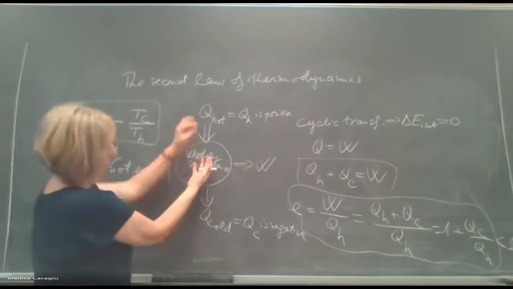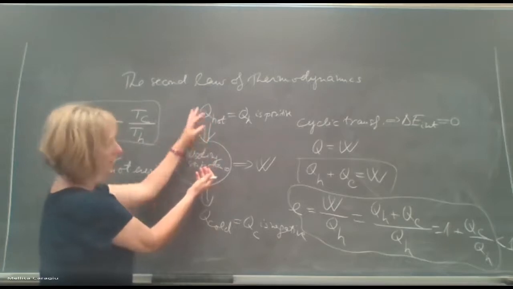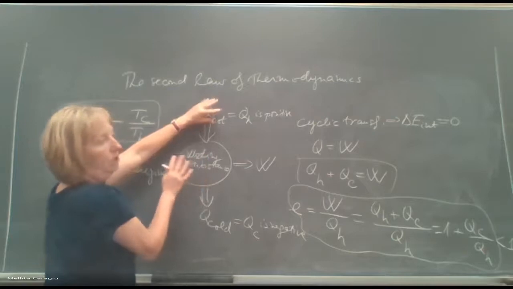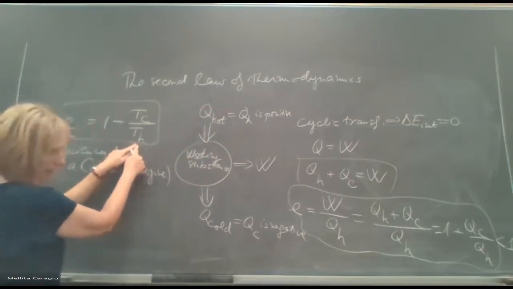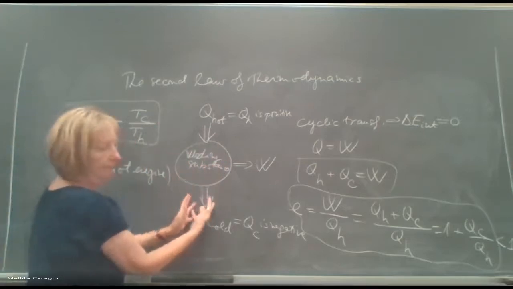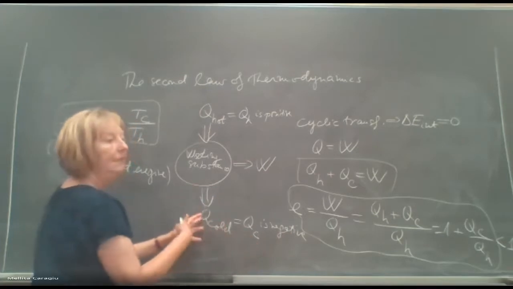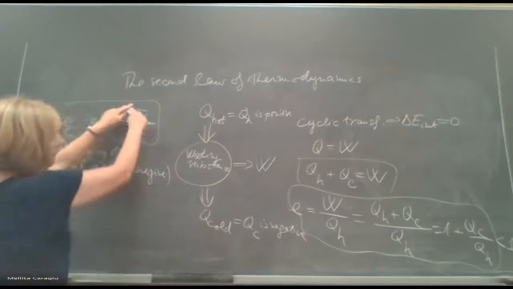If I know that the working substance receives heat, Q hot, from some thermostat which has a very high temperature, and you also know that the working substance expels heat into the atmosphere, and you know the temperature at which it expels, that's going to be T cold.